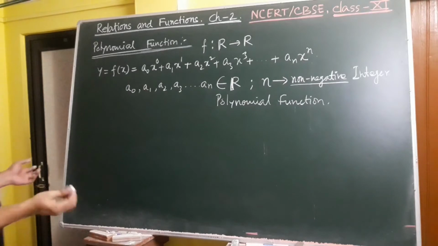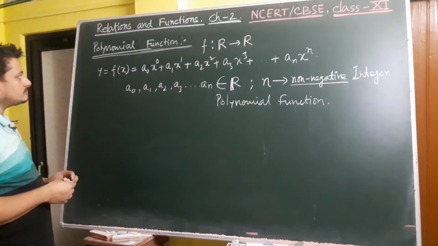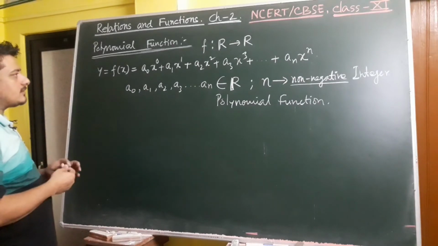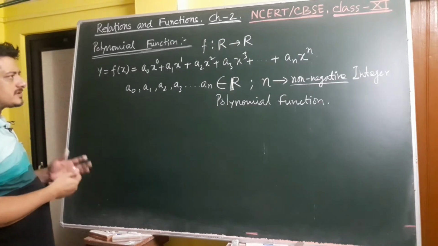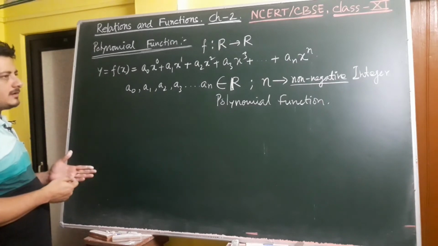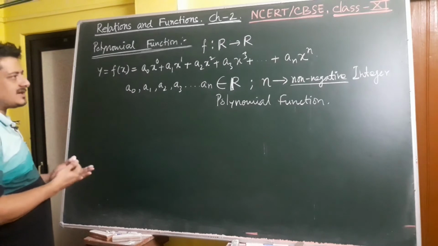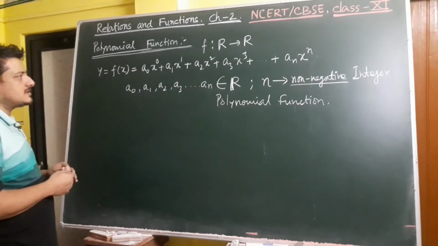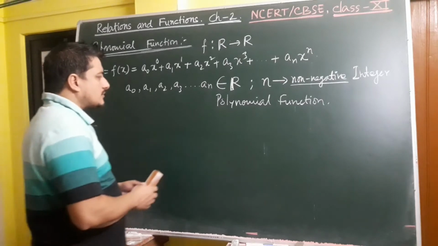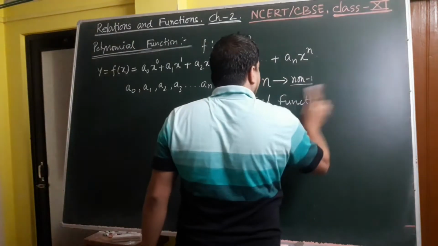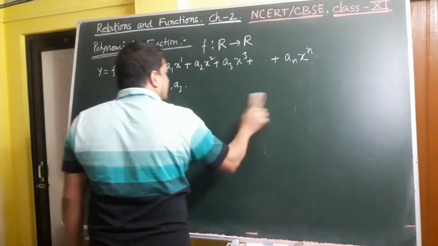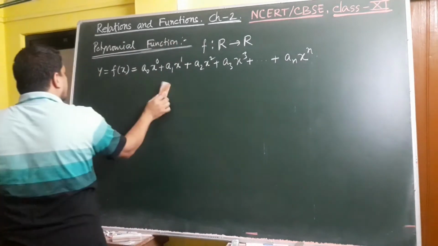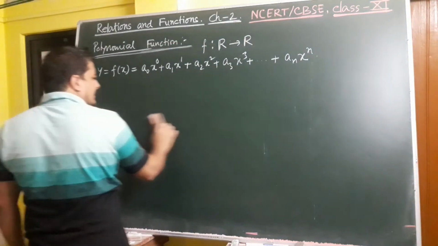Now again, as you know, we have to find out three things: domain, range and the graph. So now we shall take some examples of this polynomial function. The first example that I shall take up is example 13 on page number 39.